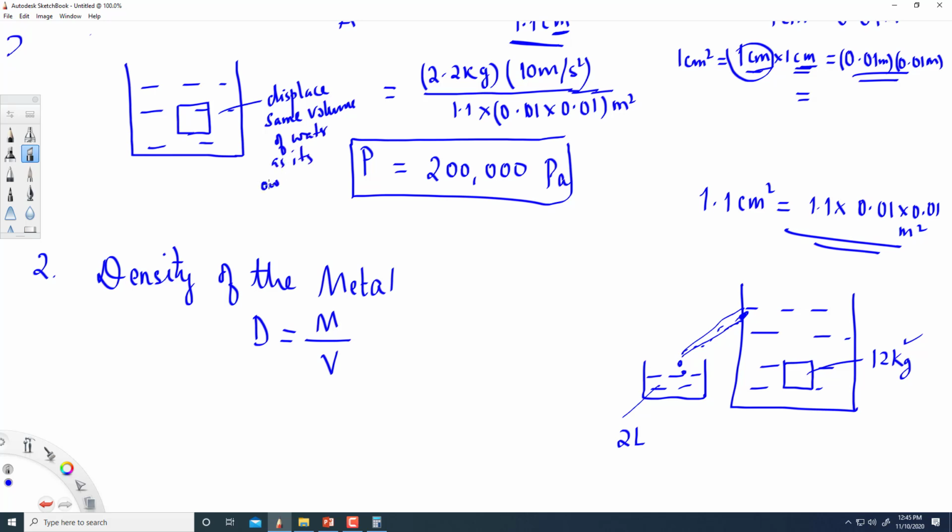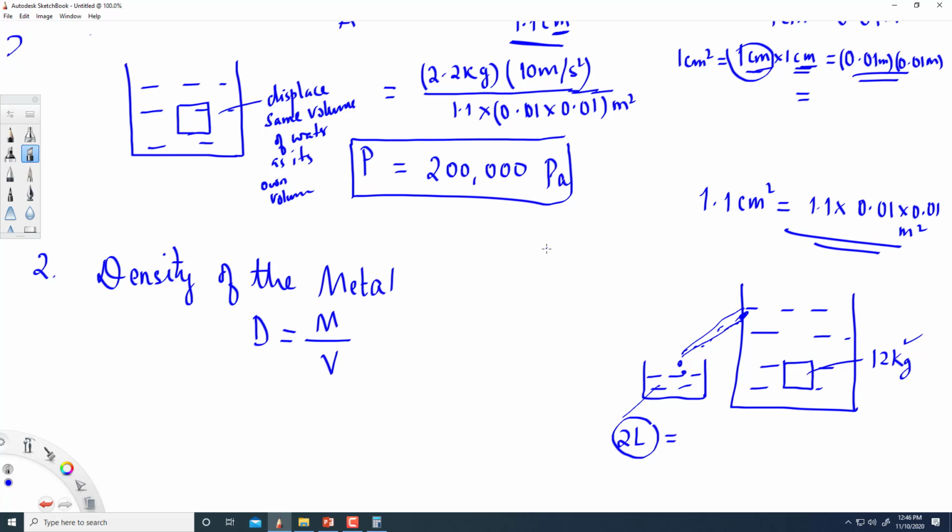That's the displacement principle. That means if it displaces 2 liters of water, so the equivalent of 2 liters in cubic meters, or we can write in centimeters also.